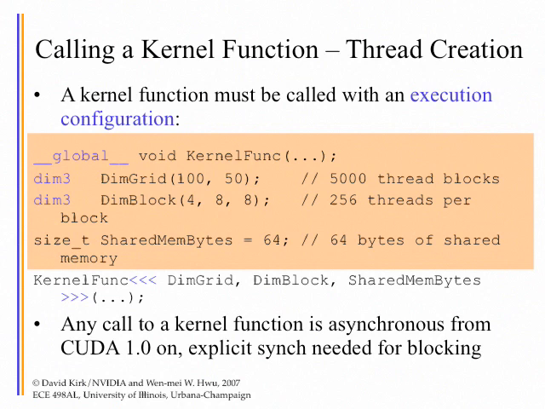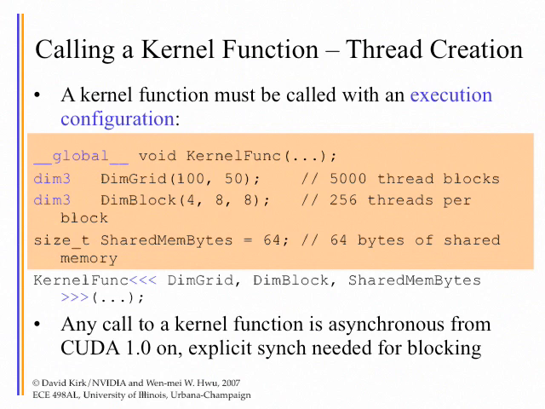Then I'll declare the amount of shared memory that I'm going to use. In this case it's 64, but I have not taught you how to use shared memory. Okay, I'm just giving you a preview that you also need to specify the number of bytes you're going to use for that kernel. So when you call the kernel function, you will have your ordinary parameters, okay?